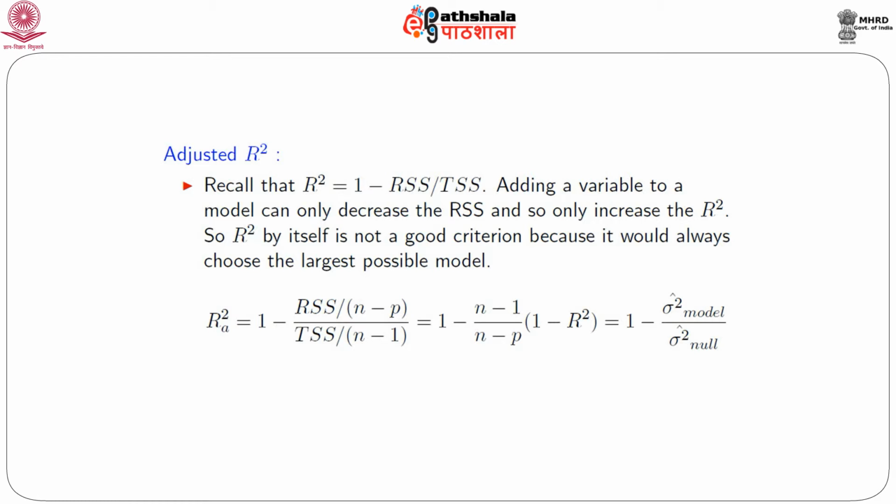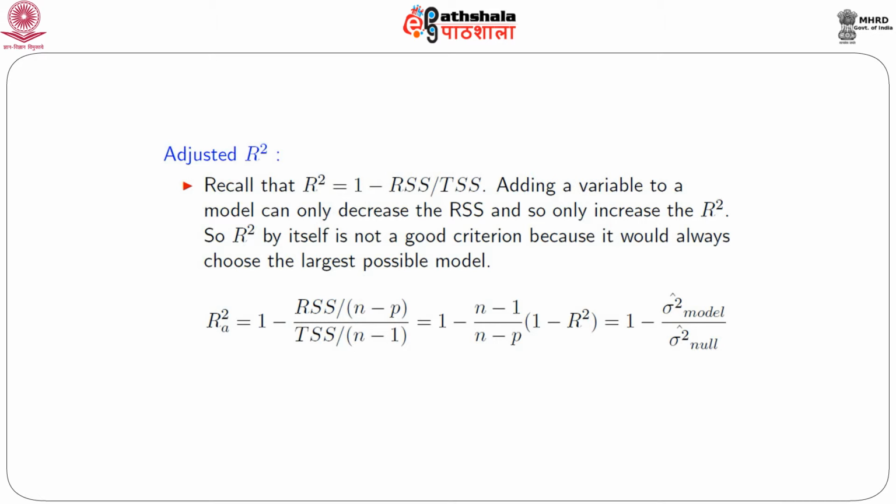Now here is an expression for the adjusted R squared, and this is how it counters the effect that R squared has with the inclusion of a parameter into the model. Adjusted R squared is given by R squared subscript A equals 1 minus the residual sum of squares divided by n minus p, over the total sum of squares divided by n minus 1.